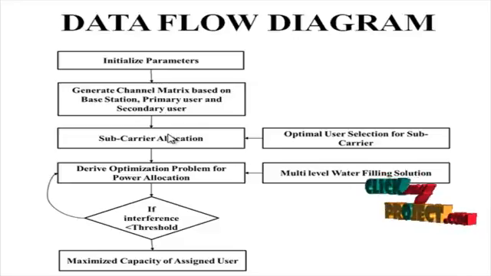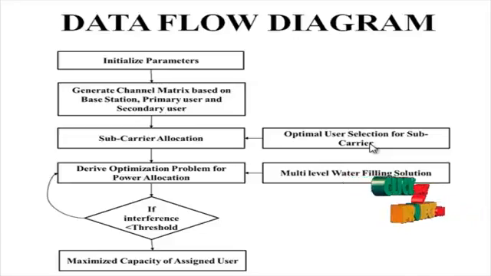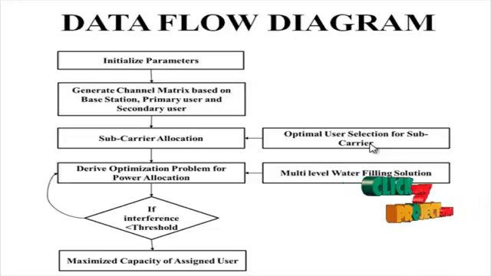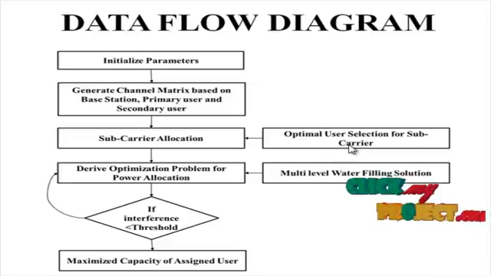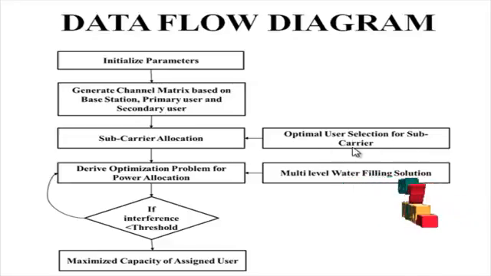If we experience 6 dB attenuation in transmission, 70% loss will occur. Then we have to amplify the signal by a factor of 4 to restore the signal to the transmission level. The search for a proper subcarrier allocation for the CR network is inspired by the optimal user selection for subcarrier.